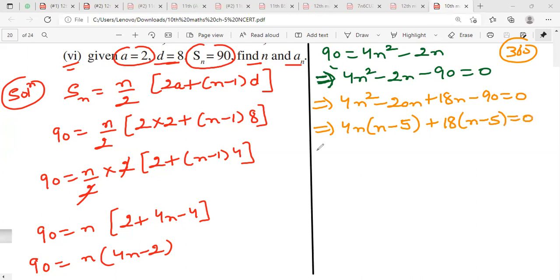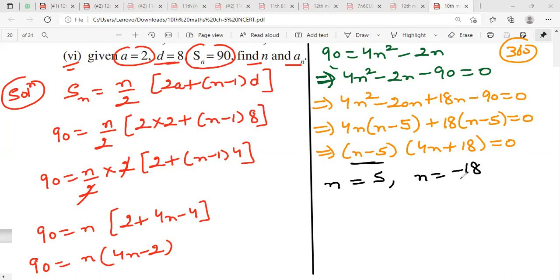This implies (n minus 5) within bracket (4n plus 18) equal to 0. If n minus 5 is equal to 0, then n is equal to 5. And if 4n plus 18 equal to 0, then n will be equal to minus 18 by 4, which is equal to minus 9 by 2.